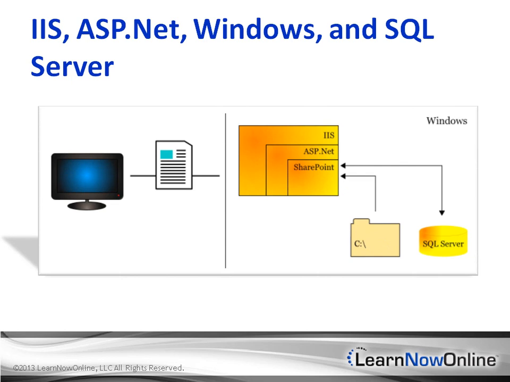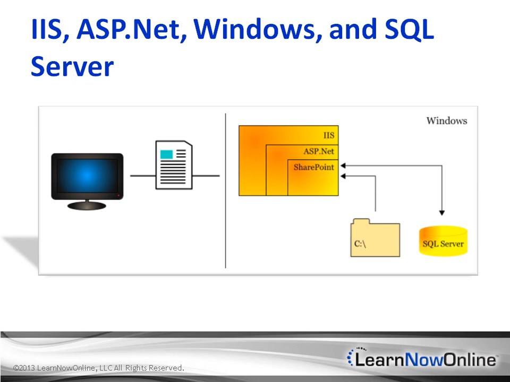So looking at this architecture, we have IIS with ASP.NET on it, because ASP.NET is built to run on IIS. And then SharePoint actually runs on top of ASP.NET. And so with SharePoint, you can see the web pages or some of the user controls that it has can be stored in the file system.